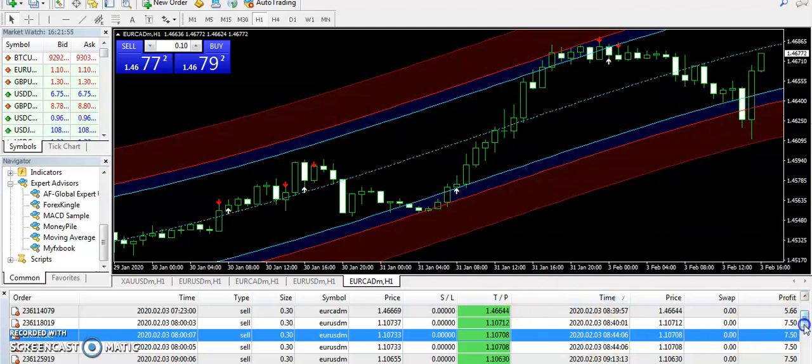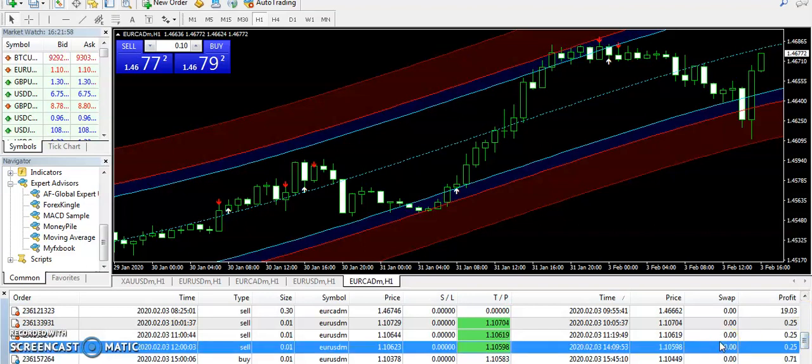So guys, what I recommend is 0.01 lot size for the $1,000 account, and for the above accounts then 0.02, and let the robot work. And then where you see that it has reached the oversold levels or overbought levels, at the overbought levels, cut your buy trades, and when the market reaches the oversold levels, then cut the losing trades and do some scalping with a higher lot size.